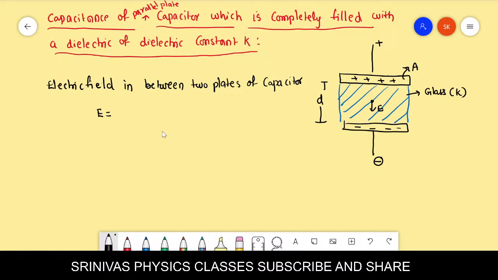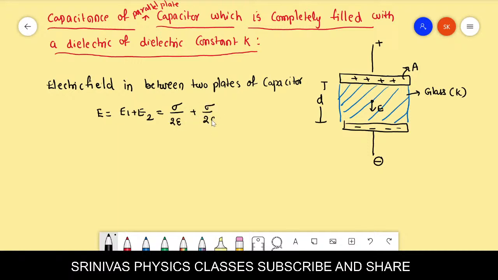Very important topic that I am going to explain. The electric field in between the two plates is the electric field due to the first plate plus that due to the second plate. For one charged plate, the formula is sigma by 2 epsilon naught, but here a dielectric is there, so we write sigma by 2 epsilon instead of epsilon naught.